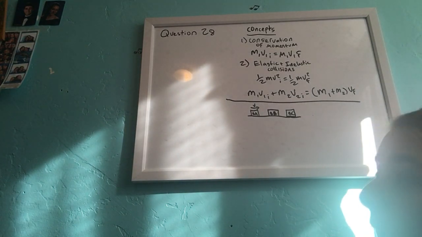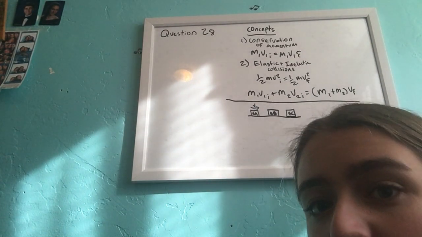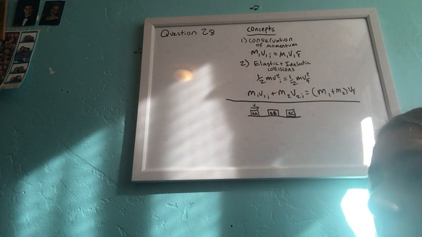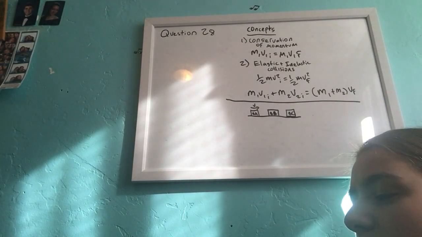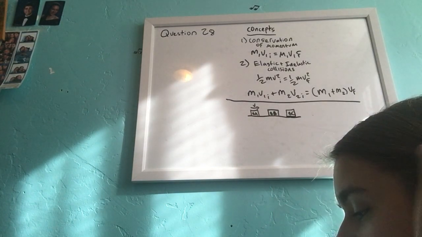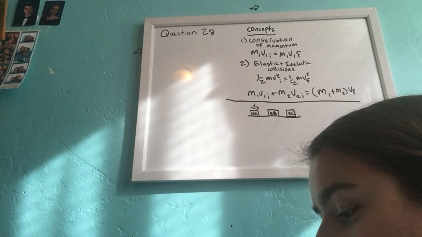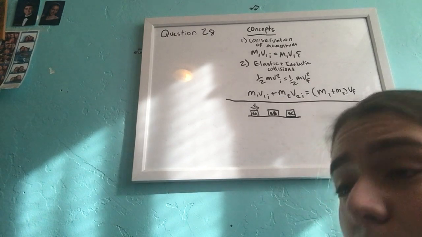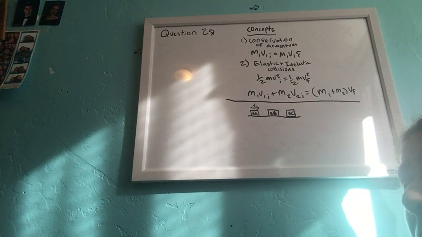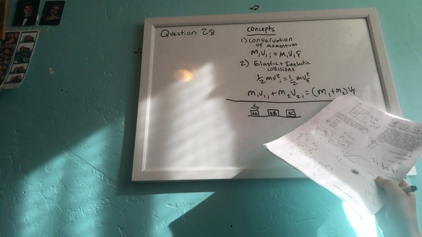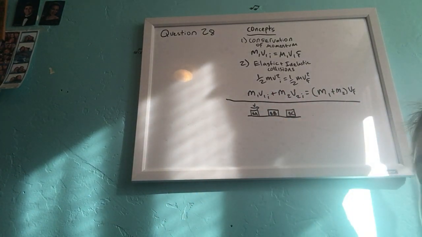So we can assume it is an isolated system and therefore momentum will be conserved. That means the initial momentum will be equal to the final momentum. It also says block A collides with and sticks to block B, and then the two blocks collide with and stick to block C. So that means it will be a perfectly inelastic collision, and we can use this equation up here to solve this question.